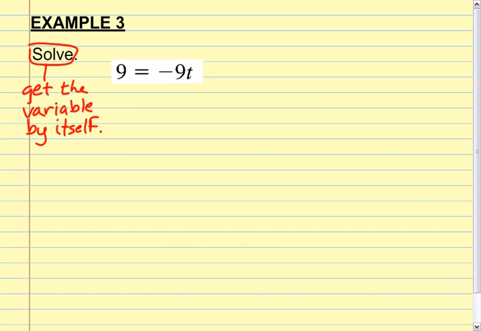All right. Good. Now let me ask you something. We have been talking about solving all year long. And we've been talking about something called inverse operations all year long. Remember, inverse operations undo each other. So what undoes addition, Emma?